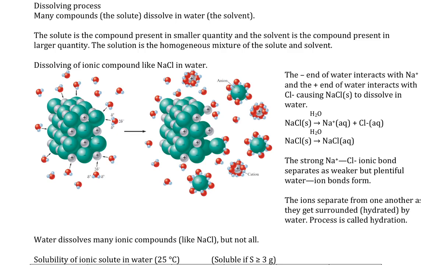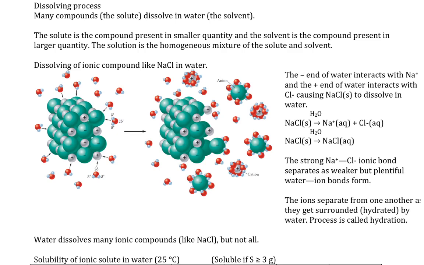The strong Na plus, Cl minus ionic bond separates as weaker but very plentiful water ion bonds form. Notice in our picture of this dissolving process, we have several water molecules surrounding each anion and each cation as the water just kind of pulls away those ions, brings them into solution, and they aren't together anymore, so that we see what looks just like water, but of course is sodium chloride dissolved in the water.